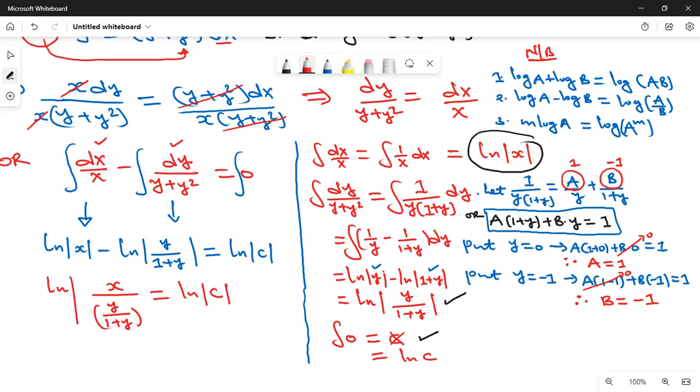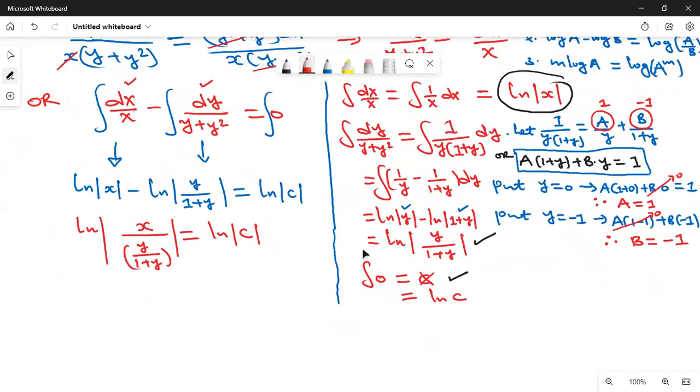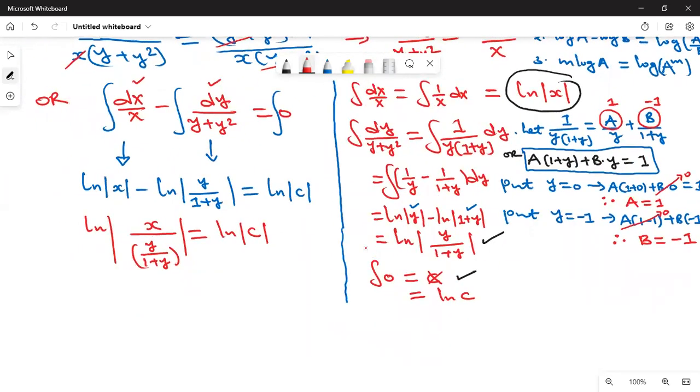And here we have this. So now when you take the exponential on both sides, what are we going to get? Finally, we are going to say x over y over 1 plus y is the same as a constant of integration.